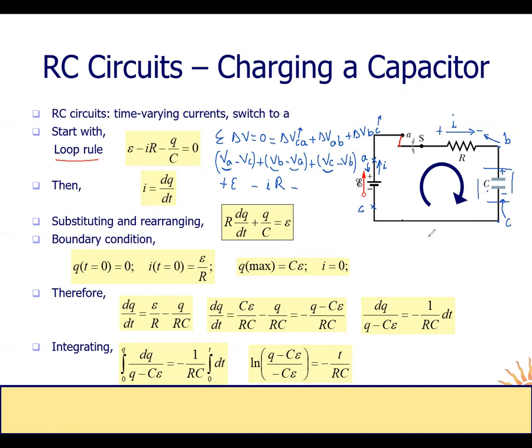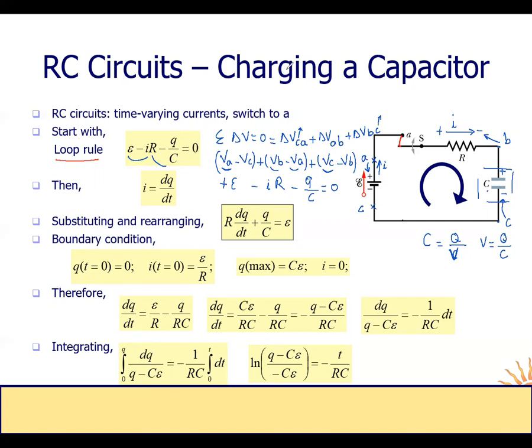You know, the capacitance C equals Q divided by V, so V equals Q divided by C. So we have minus Q divided by C equals 0. So we get this relation: E minus IR minus Q divided by C equals 0.